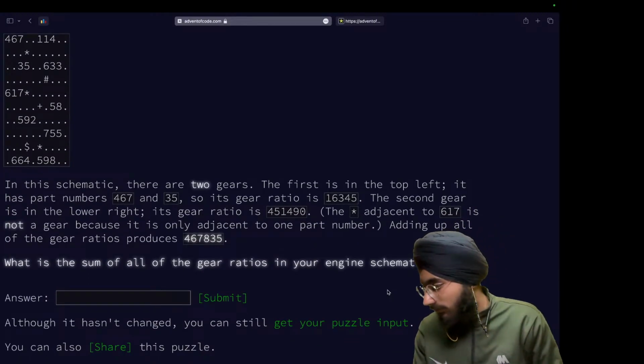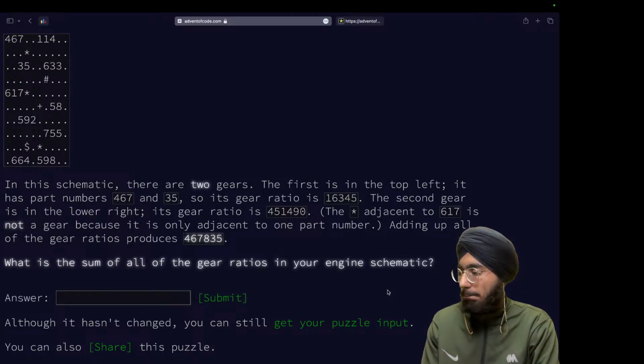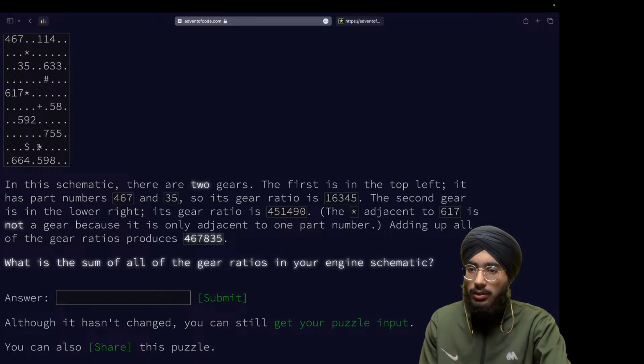Man, damn. It's difficult because we need to first search for all the gears and see all the surrounding numbers.